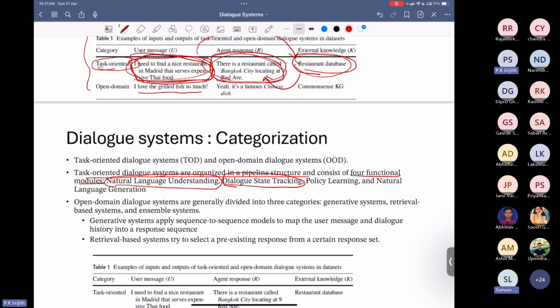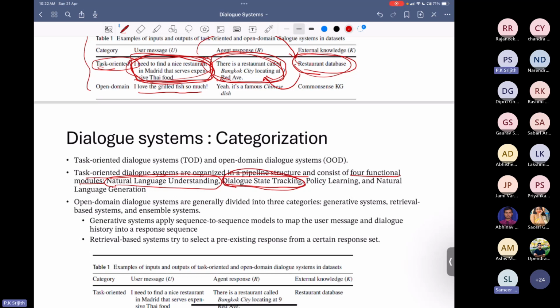But in an abstract manner, the idea is that, to understand the intent of the user, if it is about some domain like restaurant, then the user might be asking about the kind of food, the kind of location where it has to be, and some other things like if the restaurant is costly or cheap. So trying to identify all these different intents of the user, and keeping track of that based upon the conversation with the user, is that part. That's what this dialogue state tracking module does.